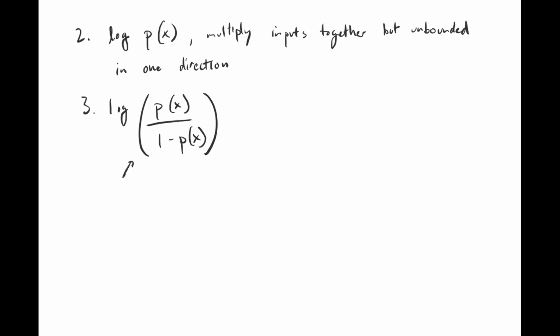And so this is where the logit function comes from. So this is the logit transformation. And generally, this P over 1 minus P is known as the odds.